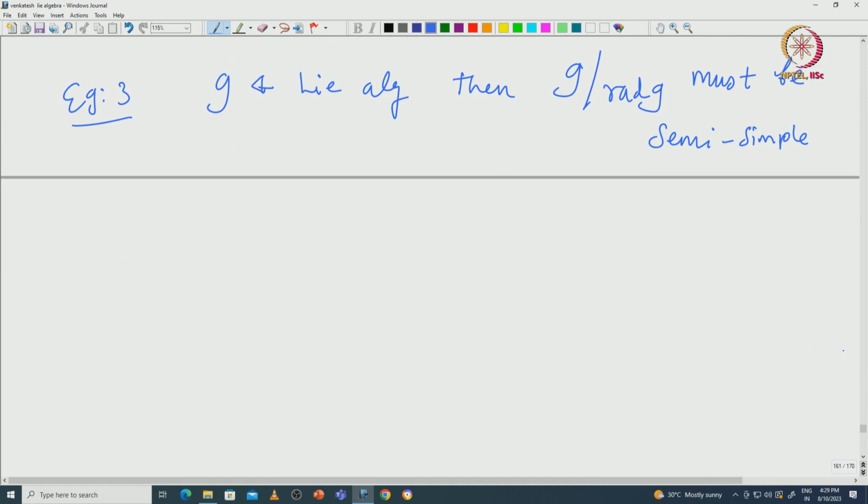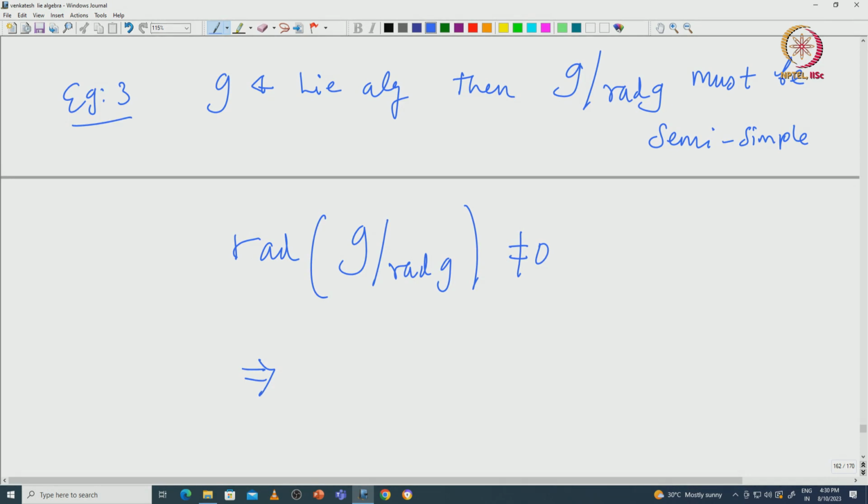Let us look at G modulo radical G. Suppose the radical of G modulo radical G is non-zero. That will imply G mod rad G contains some solvable ideal.